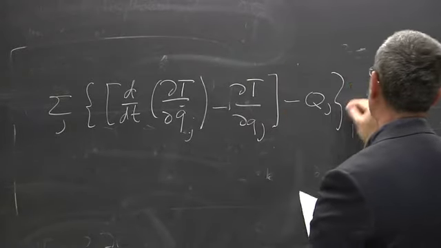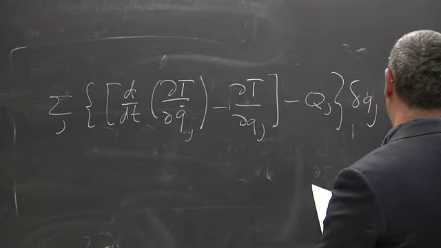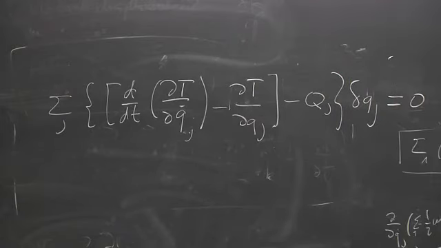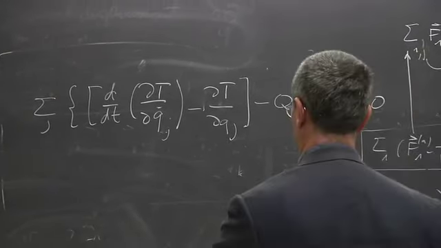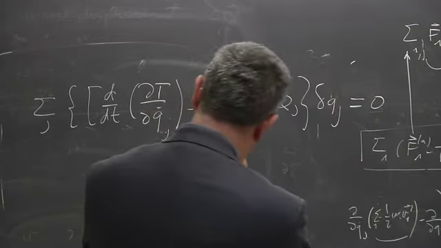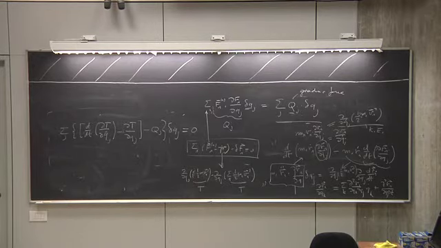All this stuff times delta qj must vanish because of D'Alembert principle.